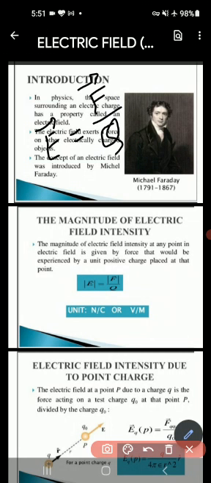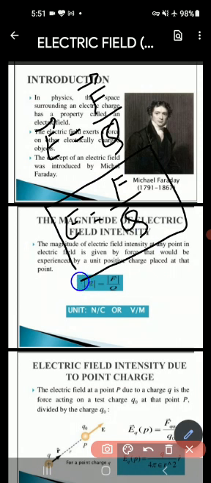Its formula is E is equal to F by Q, where E stands for electric field intensity, F stands for force exerted, and Q is for test charge.